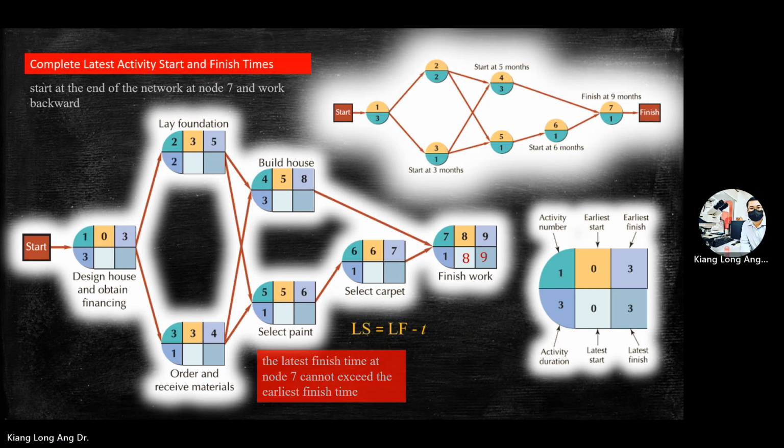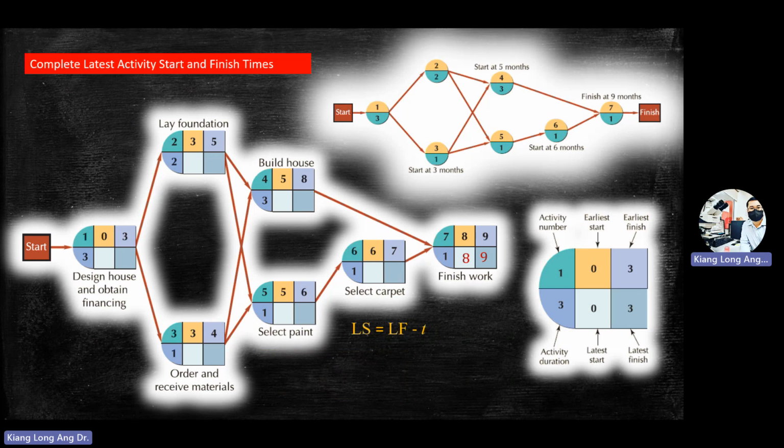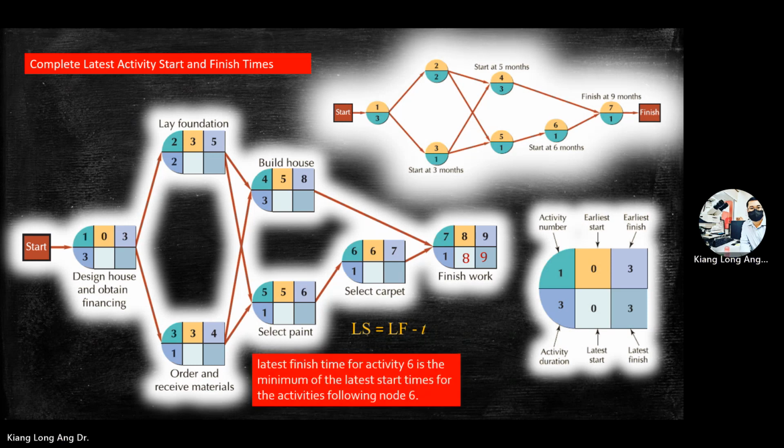Then you start to move at this one already. So latest time for activity number 6 is the minimum of the latest start time for activities following node 6. This one, finish time here, it's 8.